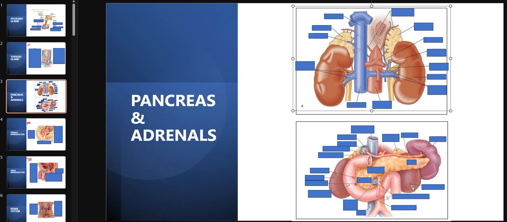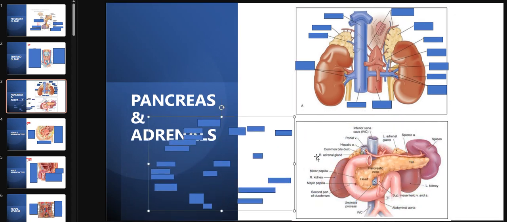Left kidney. And then here we have superior mesenteric artery and vein, abdominal aorta, inferior vena cava, uncinate process, second part of duodenum, major papilla, minor papilla, right kidney, right adrenal gland, common bile duct, and then hepatic artery, portal vein. Okay.